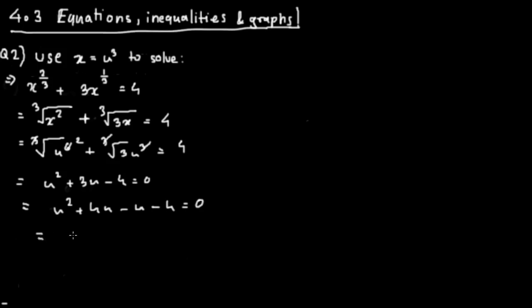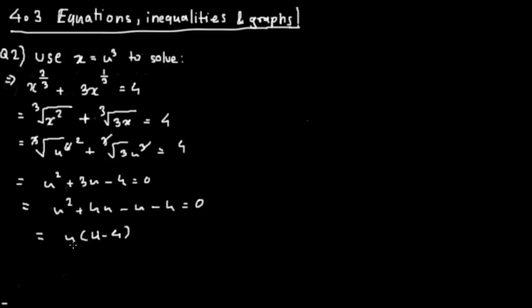From here, u plus 4. I realize that I have made the u's and the 4's look very similar. So we have u minus 4. Okay, this looks very similar. I should probably change this up.